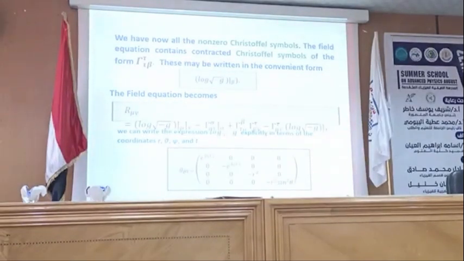Okay, so the line element, which we have seen in the beginning, becomes this one. Log root of minus g, derivative with respect to mu, derivative with respect to mu, minus gamma, alpha, etc. Derivative with respect to alpha. Here I have product of two Christoffel symbols minus the Christoffel symbol multiplied by log root of minus g with tau.